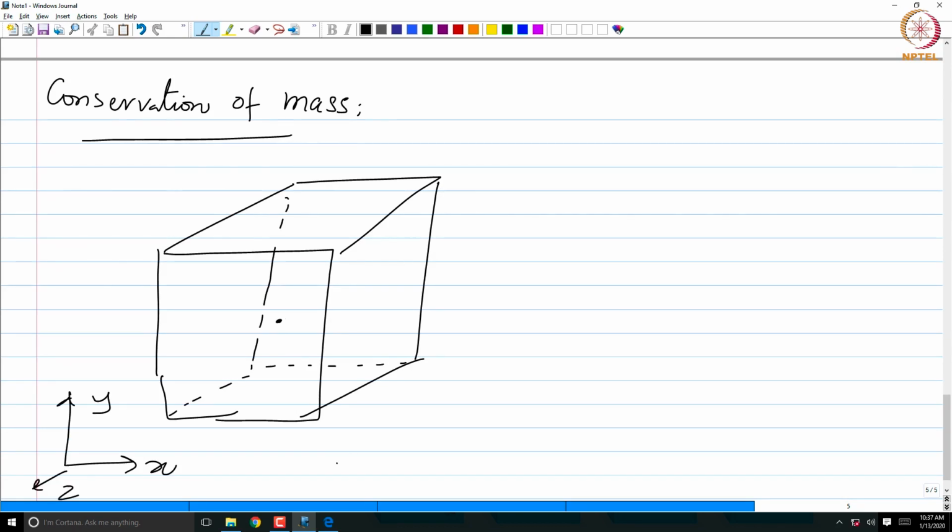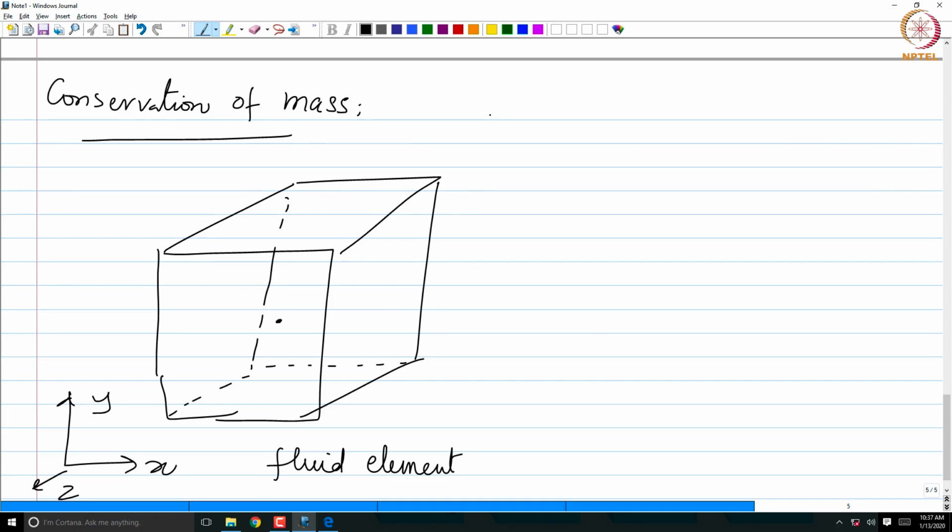So this is a fluid element. All right, so the conservation of mass, a mathematical statement, is that the rate of increase of mass within this fluid element should be balanced by the net rate of mass that is entering through the faces.